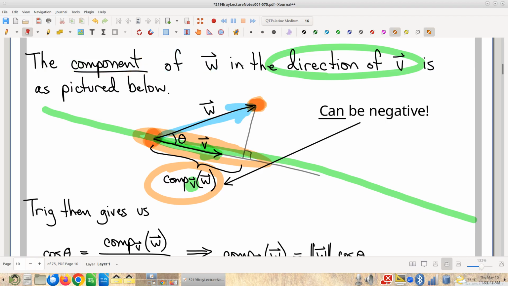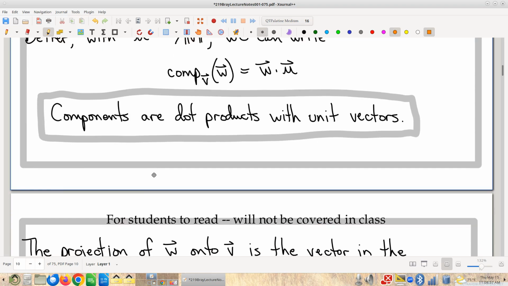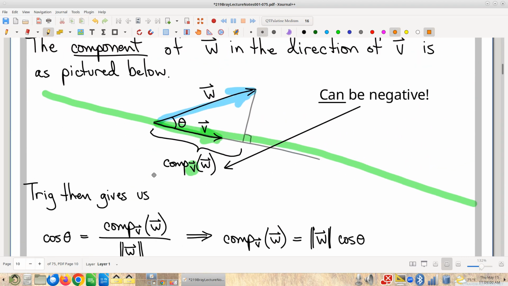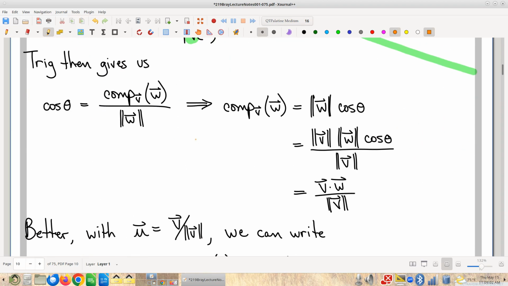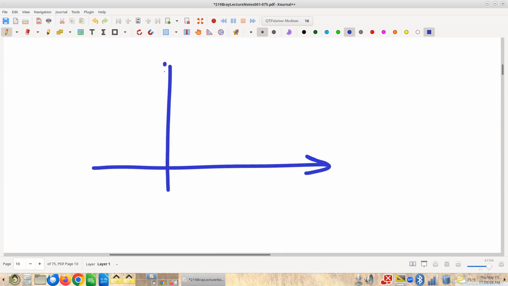So notice it can be negative. As in football, you can get caught for a loss. Components can be negative. They're kind of like coordinates, frankly. If you think about coordinates, let me just get where I have some space. I'll zoom in here. If you think about coordinates, if we've got an XY coordinate system here, coordinates could be negative. Coordinates aren't distances.